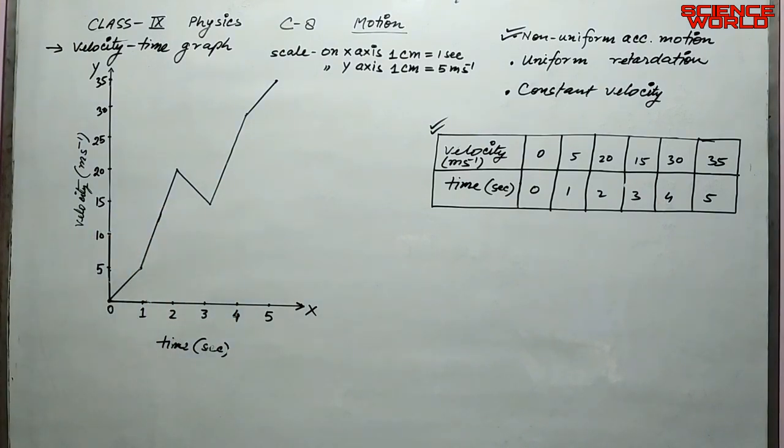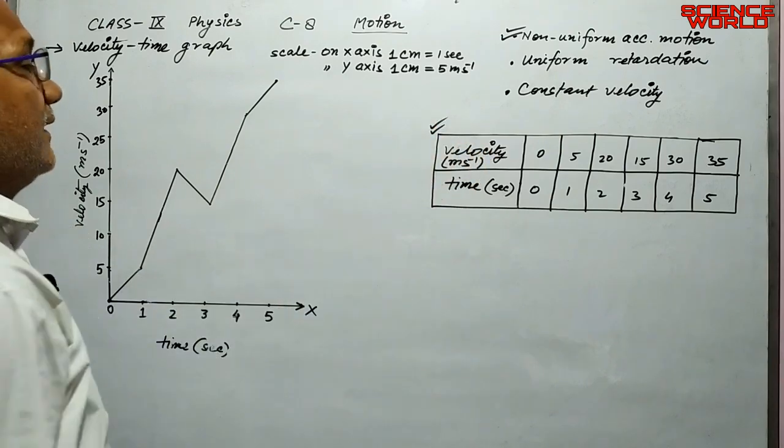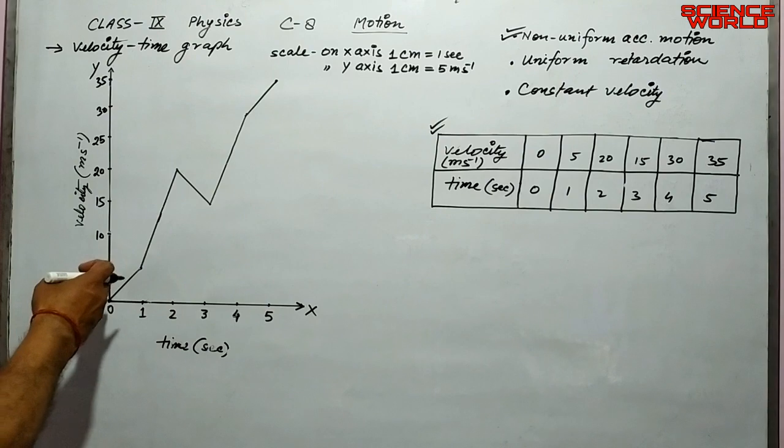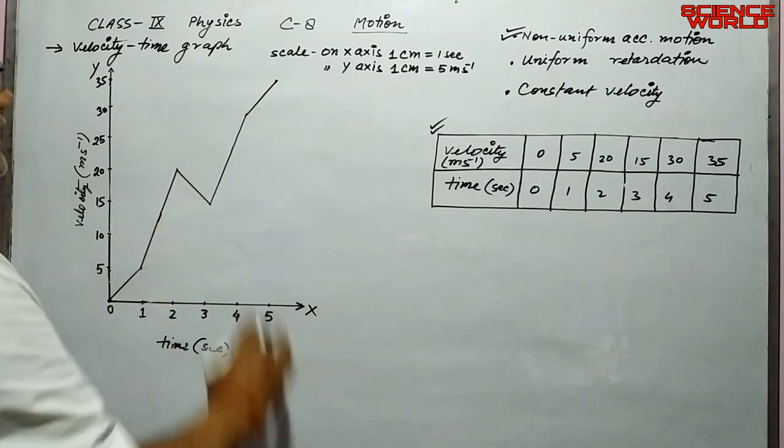Now, this is velocity time graph for this given data. You can see velocity time graph, this graph is not a straight line.